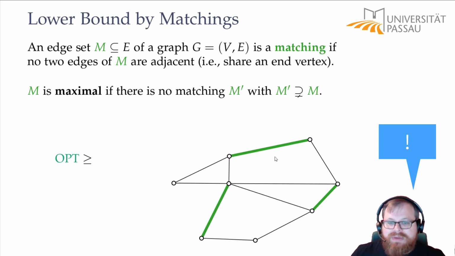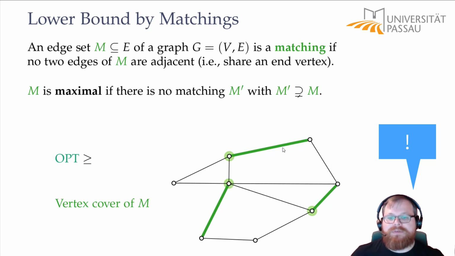We take this maximal matching and we just pick one vertex for every matching edge. Now this is the vertex cover of the matching itself. For every edge we have picked one vertex. And the matching is a subgraph of our input graph. So the size of this vertex cover cannot be larger than the size of a vertex cover of the whole graph. So the size of our matching is a lower bound for the optimum.